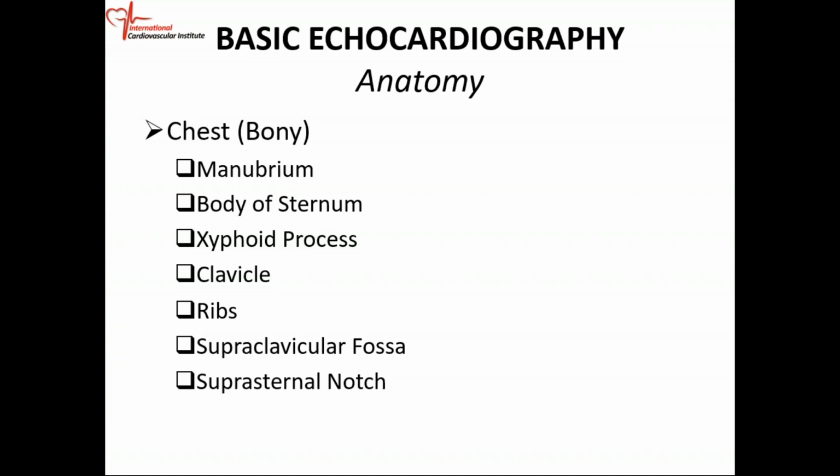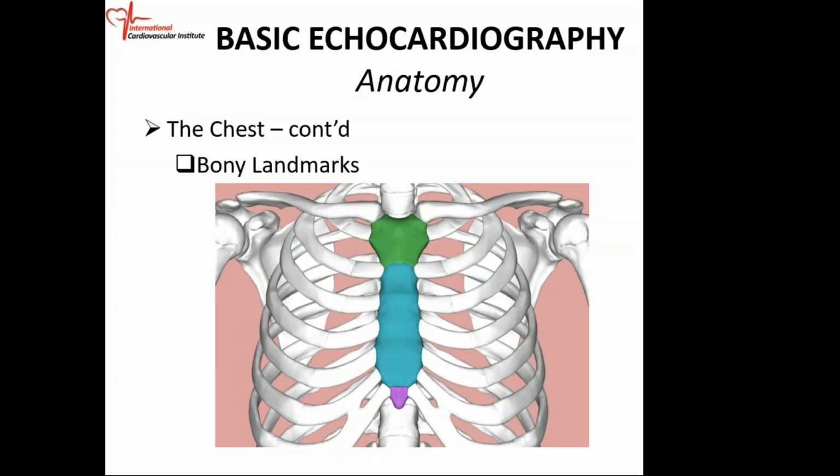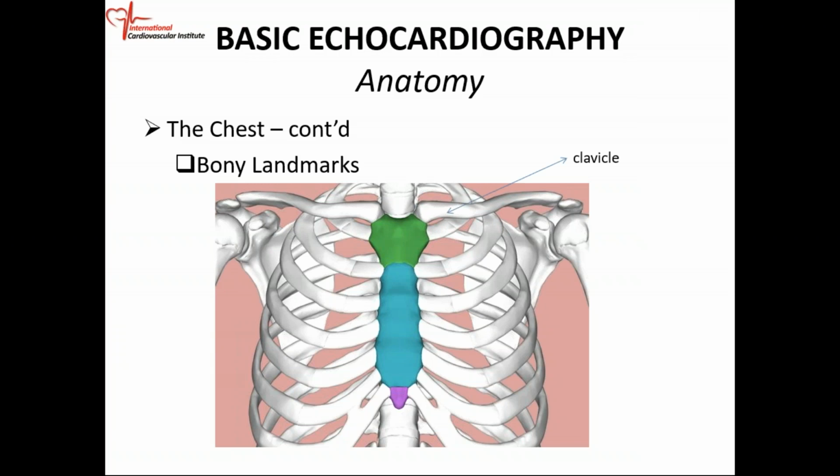All right. So the bony landmarks. This is the chest cage, the bony landmarks of the chest, made up of the ribs, the manubrium, the body of the sternum, and the clavicles. The clavicle is a very important landmark because we constantly refer to it when we do echo.